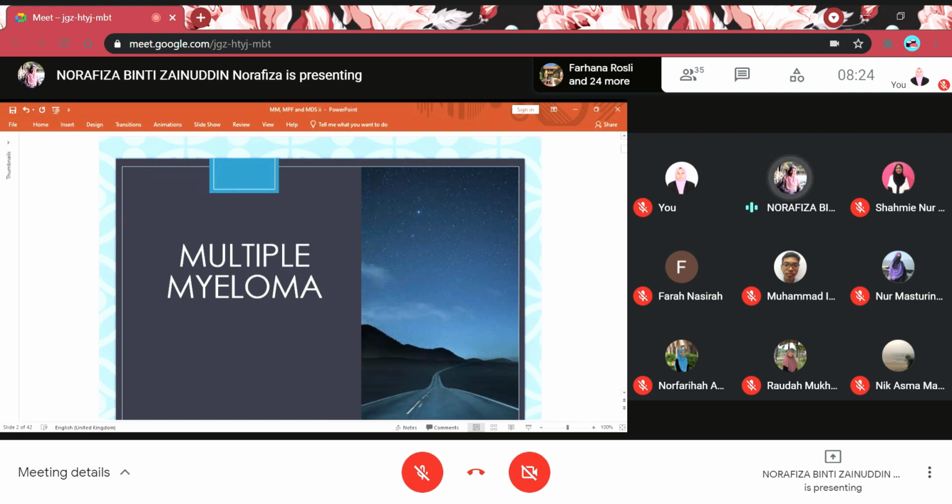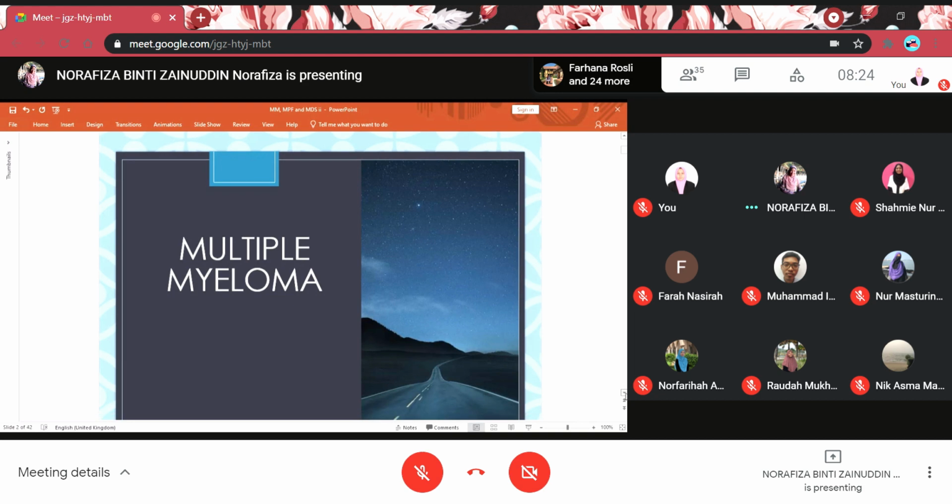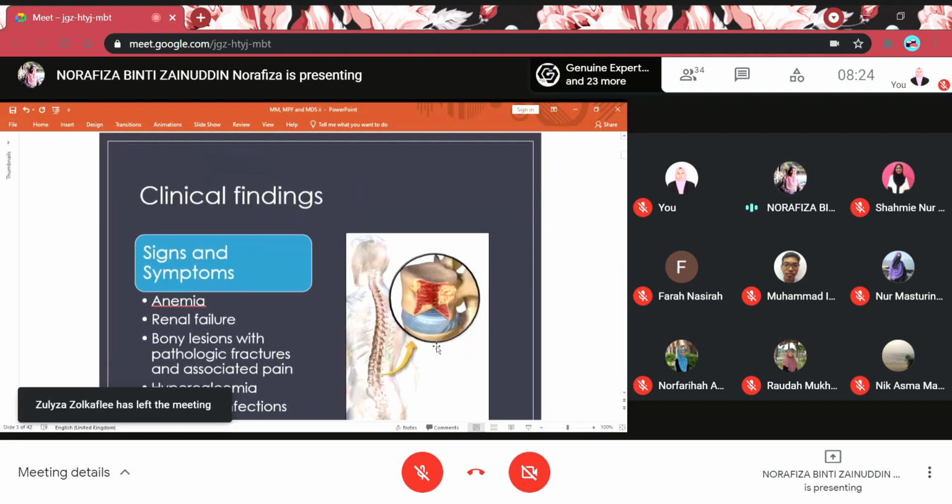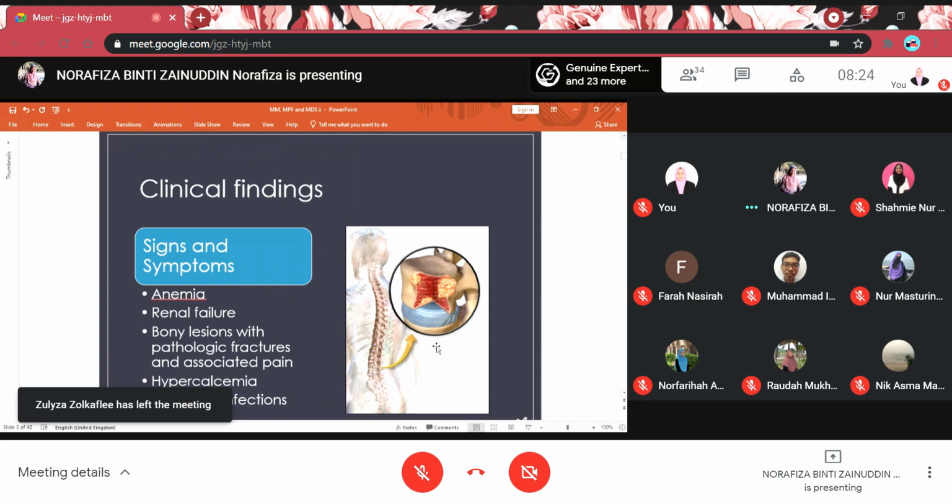Okay, on clinical findings, the signs and symptoms of multiple myeloma. The patients might have anemia, renal failure, and bony lesions with pathologic fractures and associated pain.